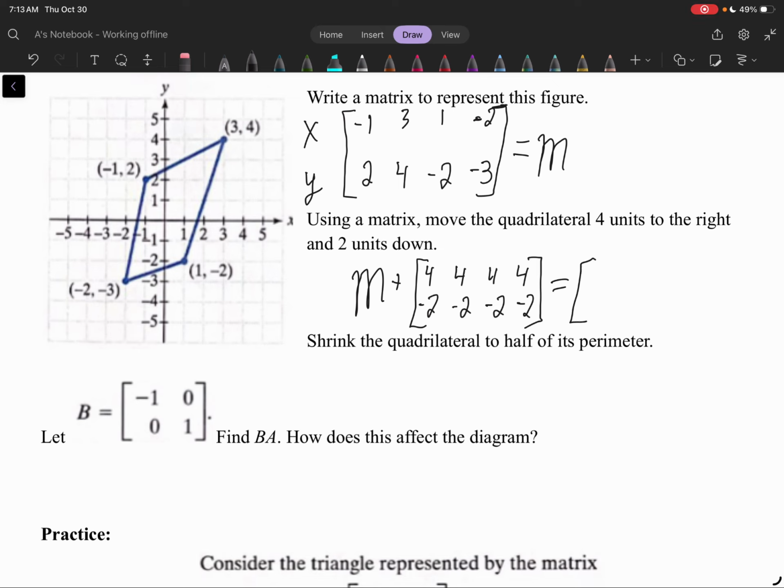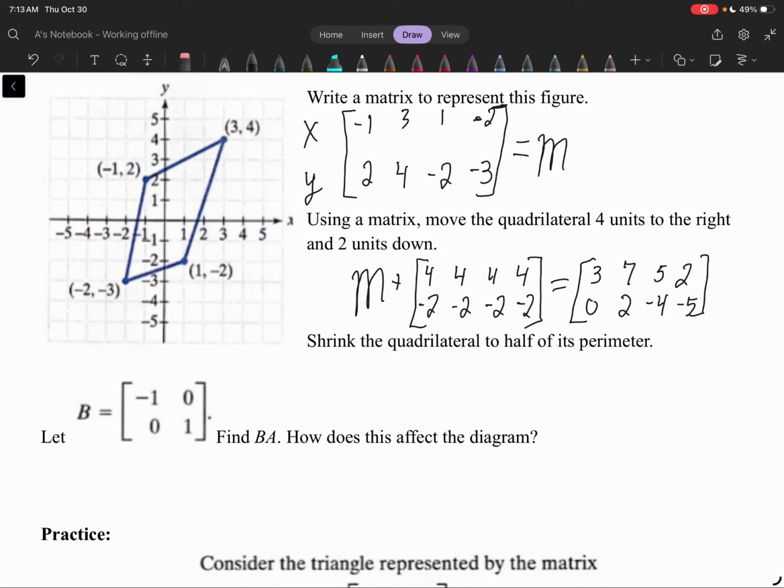From here, I do -1 plus 4, 3, 3 plus 4, 7, 1 plus 4, 5, -2 plus 4, 2, 0, 2, I'm subtracting 2, -2 minus 2, -4, and -5. There are the coordinates of the new quadrilateral.